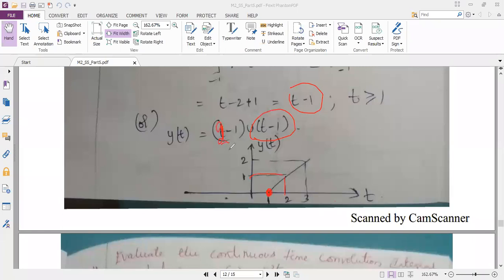Similarly, when t is 3, my amplitude is 2. So I hope you are getting this. So this is like a ramp. If you get t minus 1, t plus 1, t plus 3, something like that, it is a ramp signal. You know what is ramp? So with this, we'll stop today's class. Still we have 4 more problems in this.